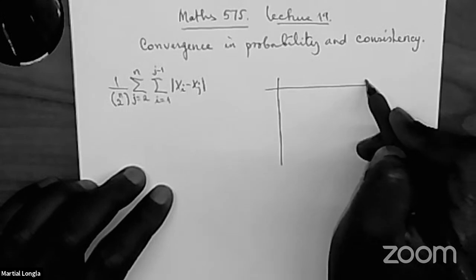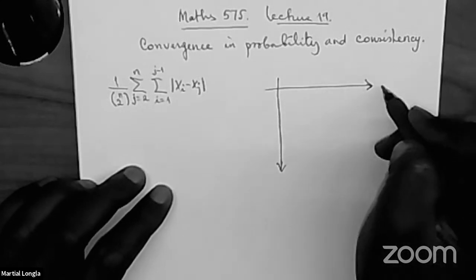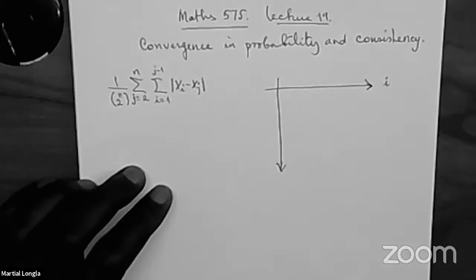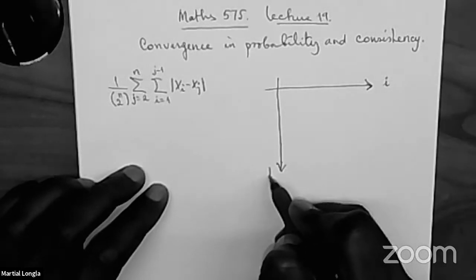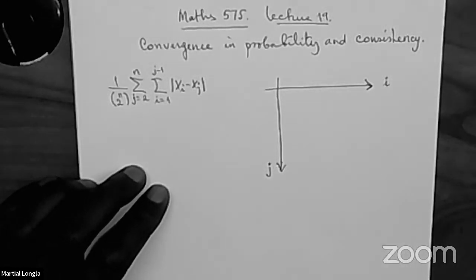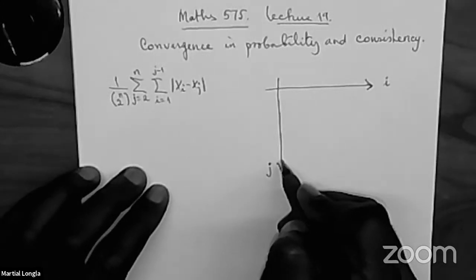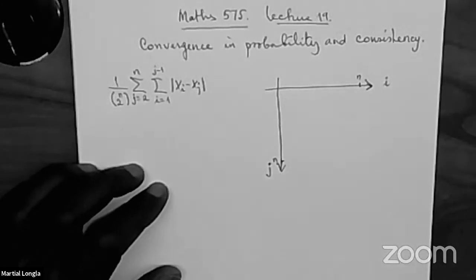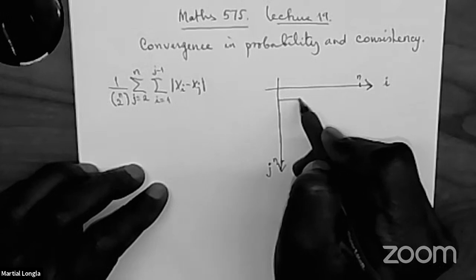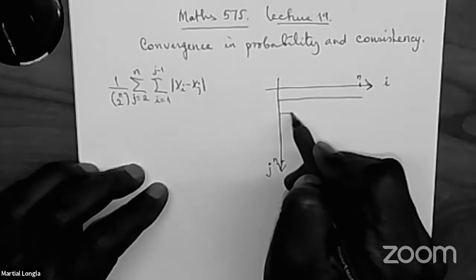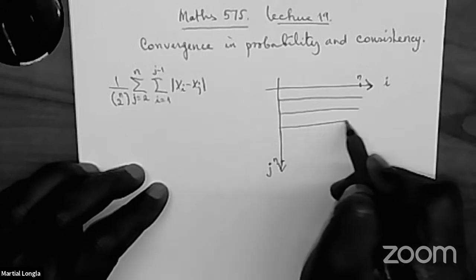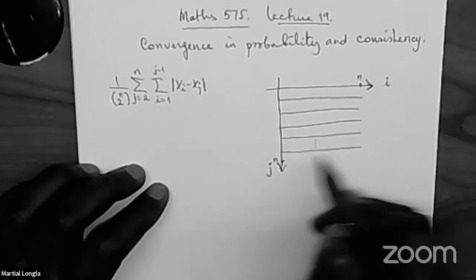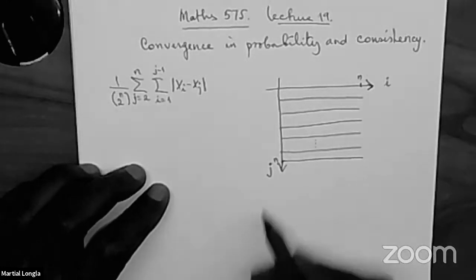So assume that this is a table in which I have, let's say along this axis, i, and along this axis, j. And I want to show you what this sum is going to go over. So it goes all the way up to n for each of them. And let's say we have these lines that are telling us where the things are. And so on, all the way down to the last one that will have n.